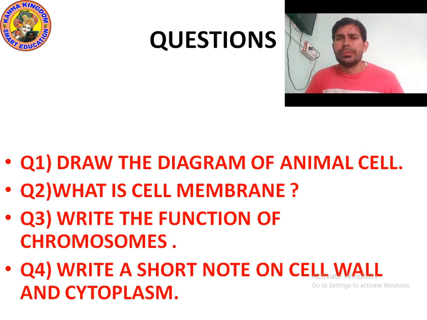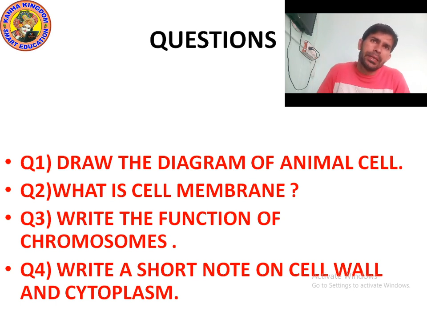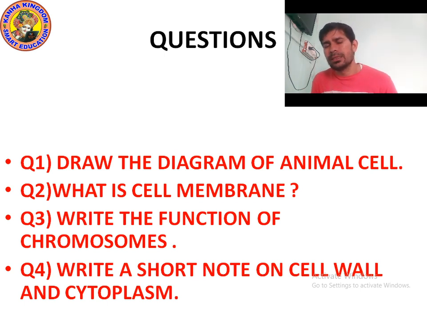Question number 2, what is cell membrane? What do you mean by cell membrane? Cell membrane is the outer covering, as you know. Cell membrane is also known as plasma membrane. It acts as a guard. It allows the material to go in and out.